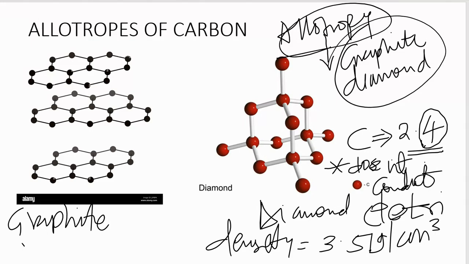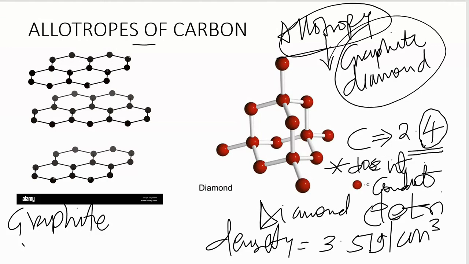When we talk of graphite, in fact it is another stable allotrope of carbon, because we talked of graphite and diamond existing in different forms. It is slippery because it is made of a hexagonal arrangement.